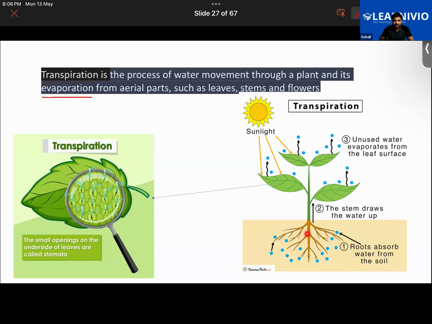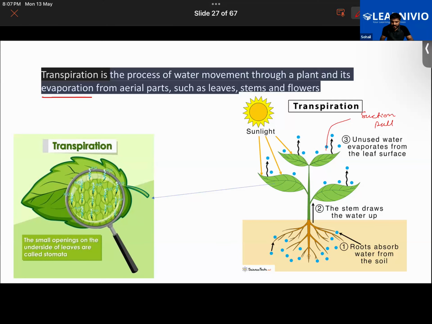You all have a motor pump installed at home, basically installed underground, that pulls the water, just like you have a motor installed in a water cooler. In the same manner you can understand that a suction force is generated. Let me write this over here. A suction pull is generated that pulls the water in the upward direction.